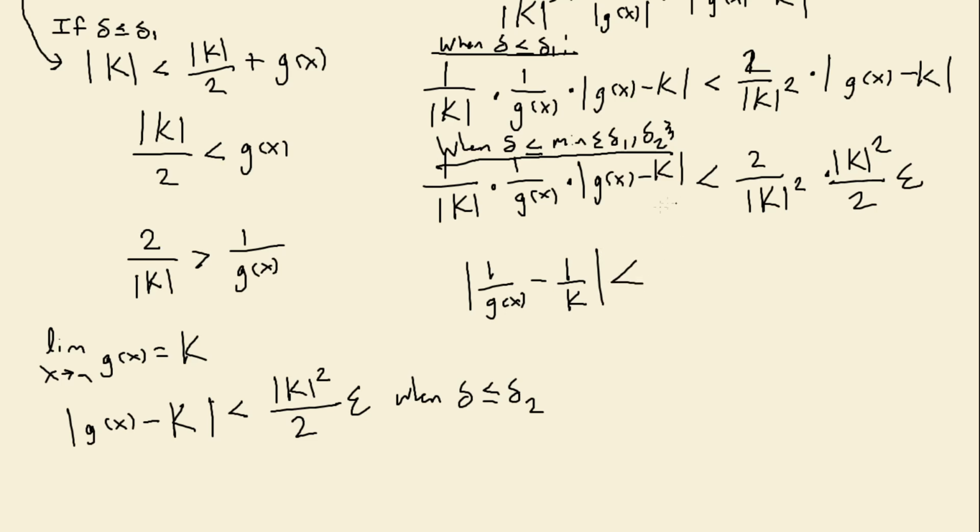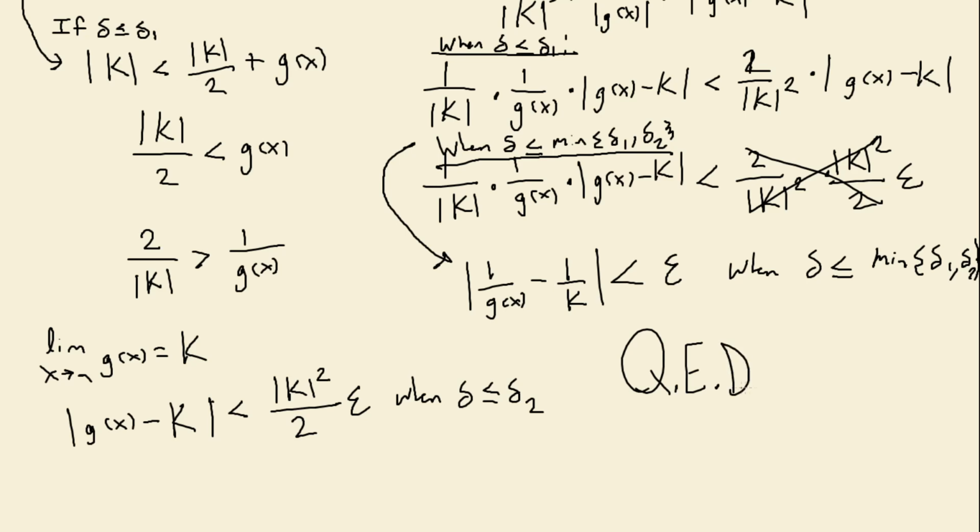And we just showed that when delta is less than or equal to the minimum of delta 1 or delta 2, this is going to be less than this, in which these 2's are going to cancel, the absolute values are going to cancel, the absolute value of k squareds are going to cancel is what I meant. And it's going to be less than epsilon when delta is less than or equal to the minimum of delta 1, delta 2. And so we have just proven that the limit of 1 over g of x is equal to 1 over k.